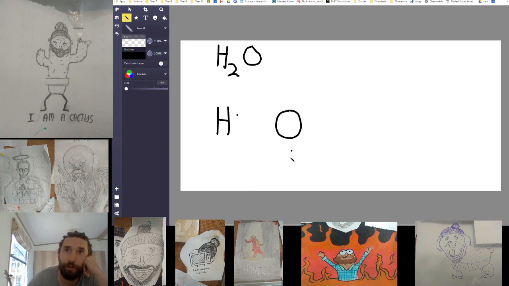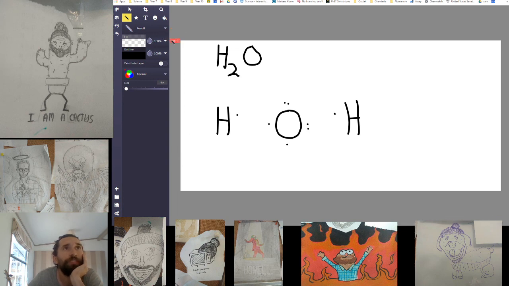The first 2 go in the first shell, and then in the valence shell we're going to have 6 around it. 1, 2, 3, 4, 5, 6. 2 unbonded and 2 paired up. 1 hydrogen, an oxygen, and we're going to have another hydrogen here which has 1 unpaired electron.